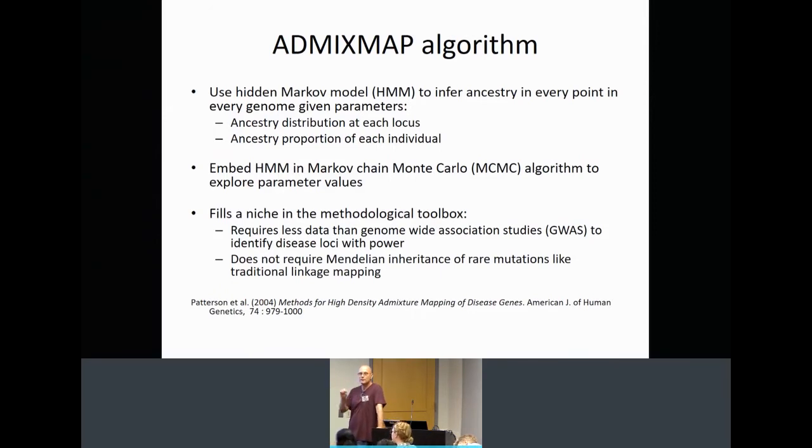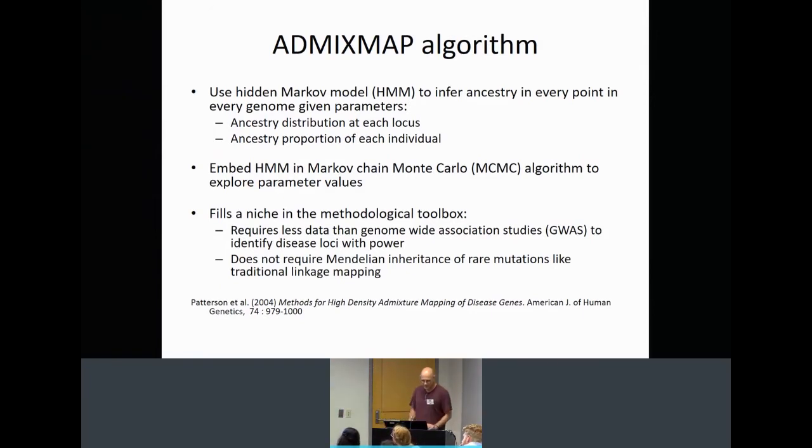stretches of ancestry in my genome are actually determined by the recombination, right? If it's recent admixture, then each chromosome might have been broken in 10 or 15 places by accumulating recombination since the admixture event. And so I would have like 10 or 15 pieces to each genome. Within each piece, I would have a fixed origin, European versus African, right?